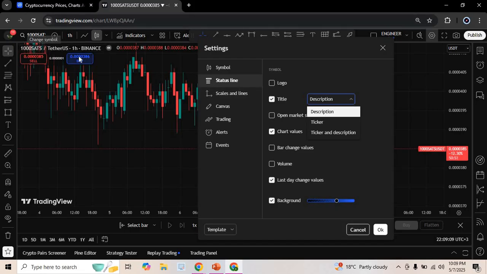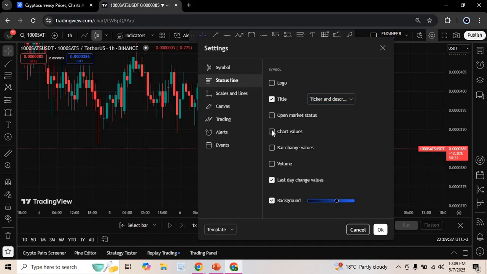Instead of having 1,000 sats USDT in full, I can decide to have all these as a ticker. Remember, the ticker for Tether is basically writing USDT. So if I click that, I'll have 1,000 sats USDT, a ticker, instead of having that in full. But if I want a combination of both, I can have the ticker and the full description. So if I click that, I'll have the ticker part and the full description.